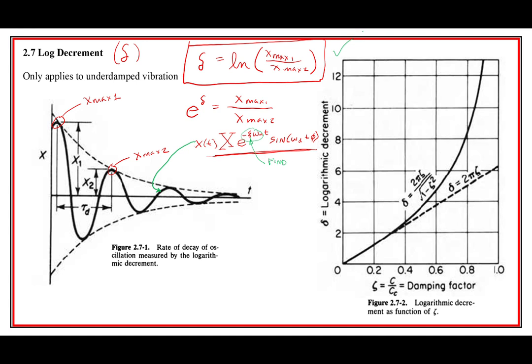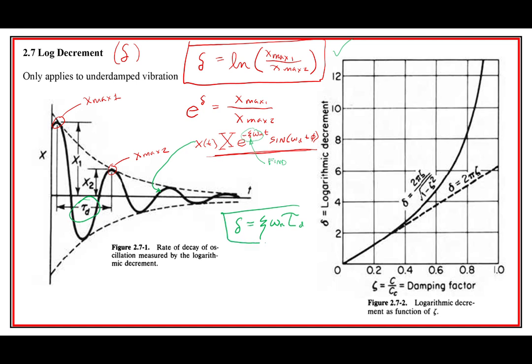The equation that we might want to put in there is, and this is for a period, because it's between peak and peak, so it's going to be a damped period. We will also say that the log decrement is going to be my damping factor times my undamped natural frequency times my period right here.